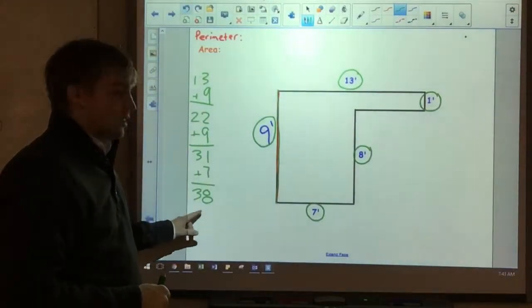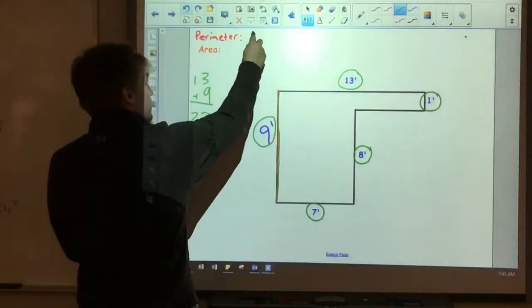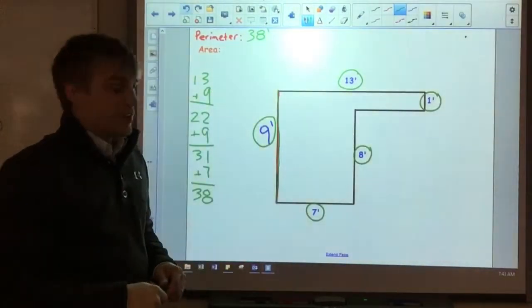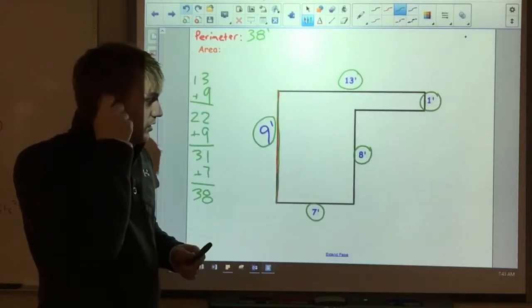So our perimeter is 38 feet. One line means feet.